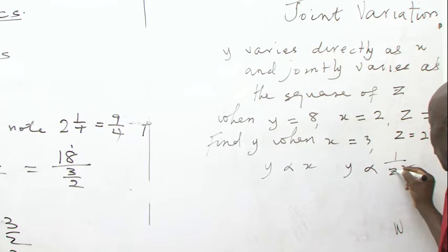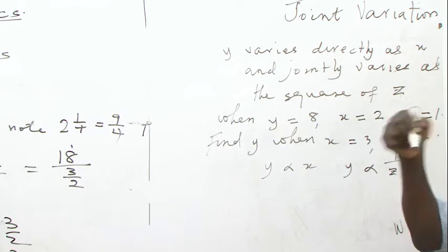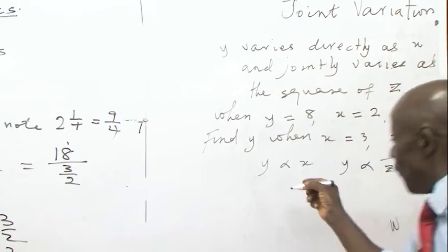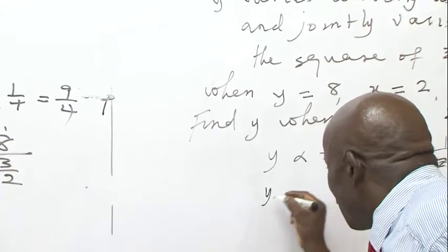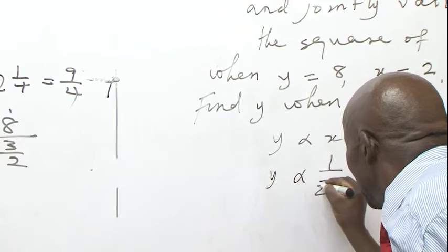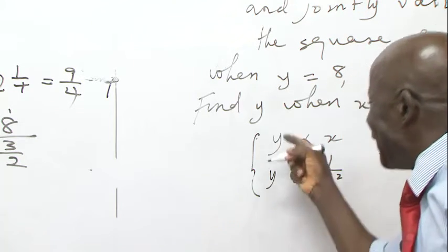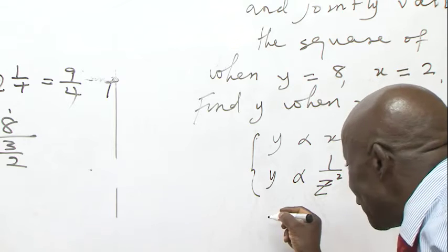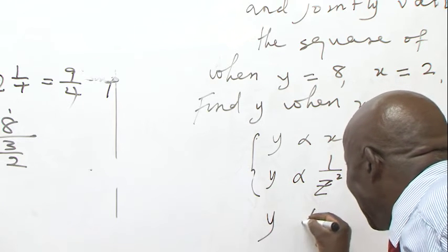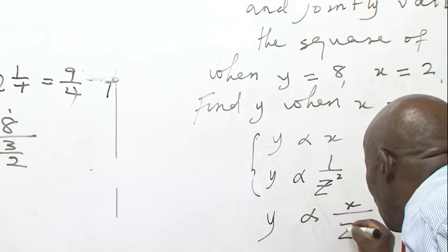You look at the two and combine them together. It's the same y. In fact, if I were you, I would write it here: Y varies inversely as z squared. We combine these two together. It's the same y. You will now say y varies as x all over z squared.